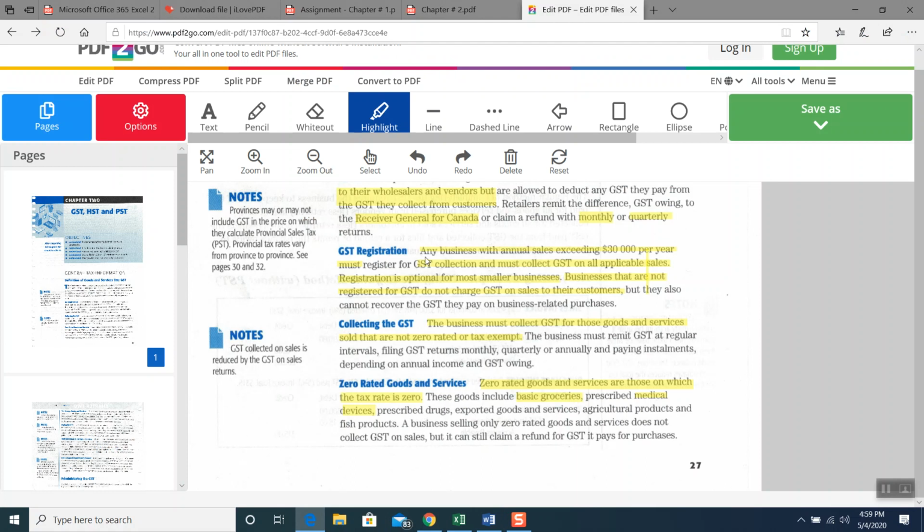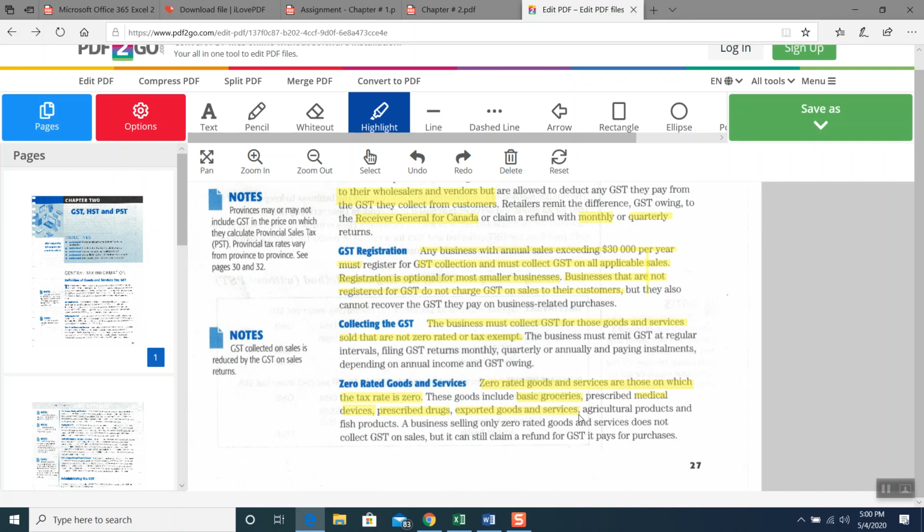Prescribed drugs. So guys, drugs means medicines. Exported goods and services. The things which are leaving the port are called exported goods. Something which we are sending from Canada to India or Canada to China is what is called exported goods.